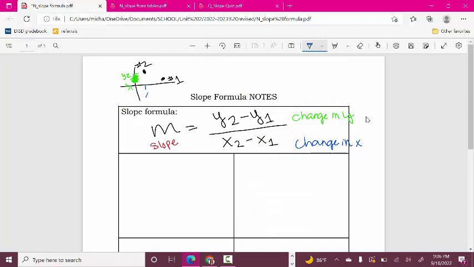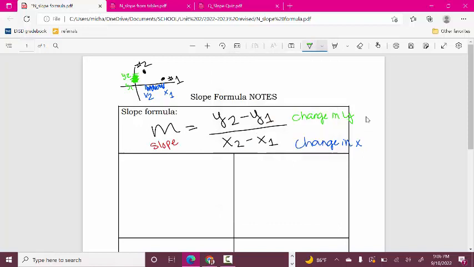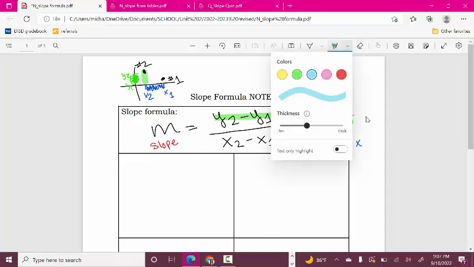Here's x2 and here's x1. So this is the difference there. So what we've done is written an expression for what the rise looks like. This expression is the rise. And then what does the run look like? So the x2 minus x1 piece is the run. That's the rise, and then this piece here is the run.